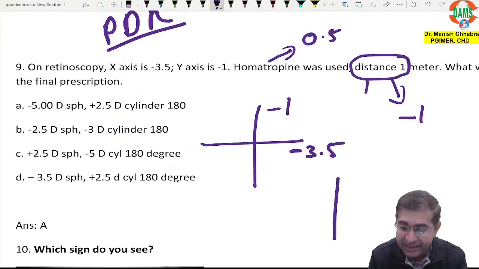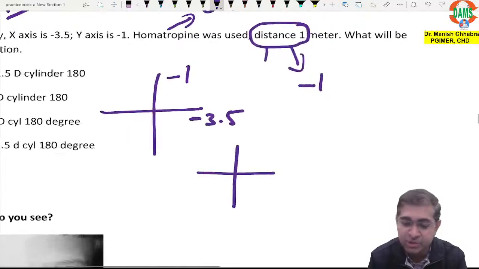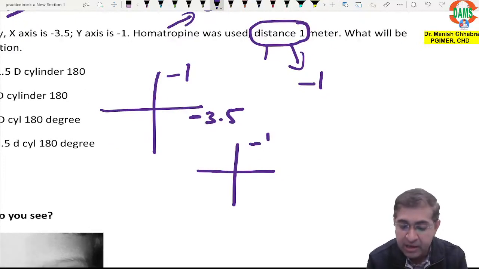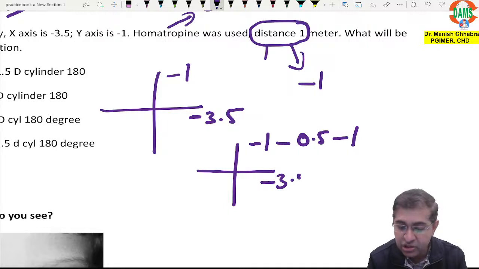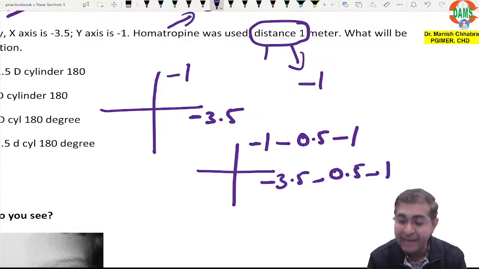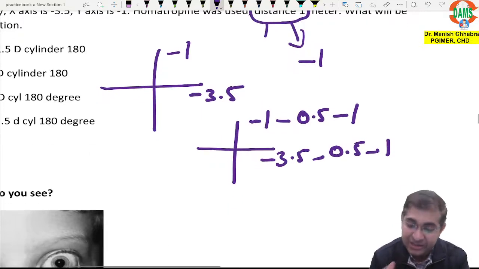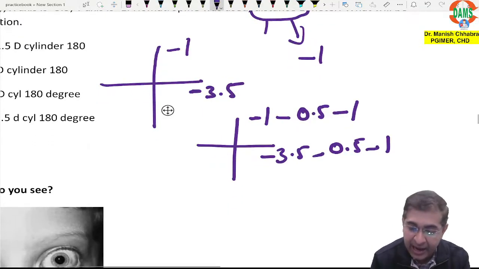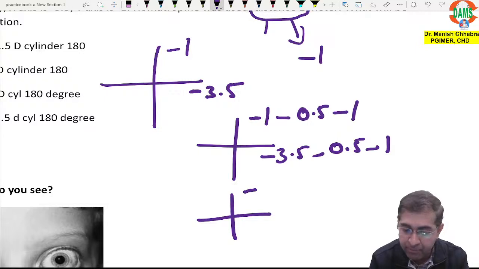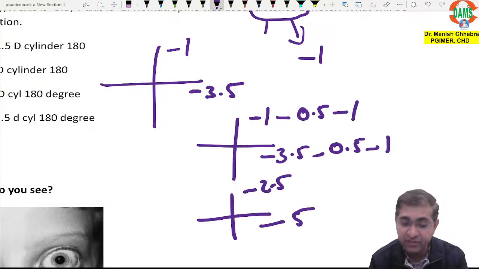Now to put it into the equation, for the final subscription of power it is -3.5 minus 0.5 for the homatropine, minus 1 for the distance. So ultimately I have derived a power of -5 here and -2.5 at the other axis.